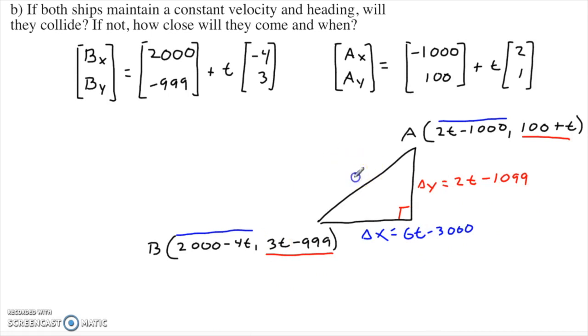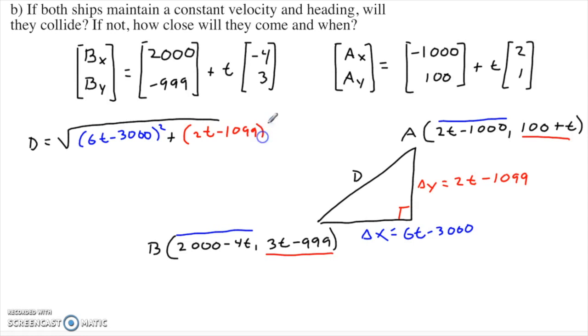So my distance between these two ships for any moment in time is just the square root of my delta x squared, which is to say (6t minus 3000) squared, plus my delta y squared, which is (2t minus 1099) squared.